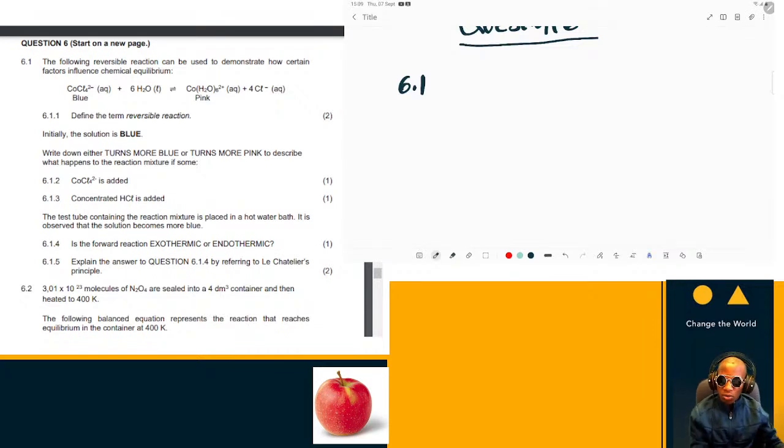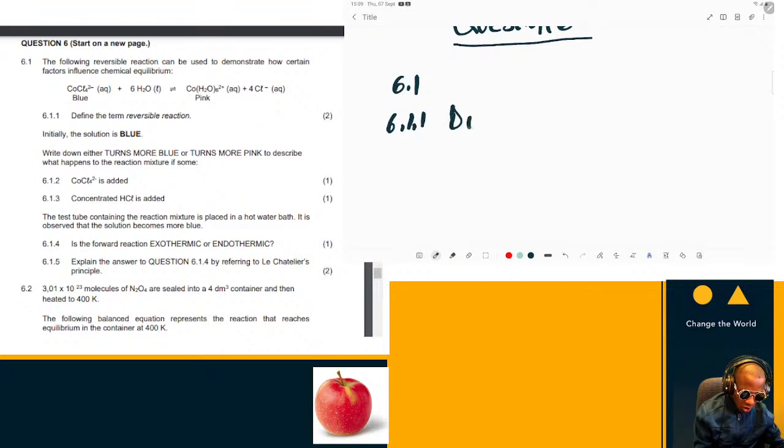I will not waste time writing the definition, so to save our time, let's go to 6.1.